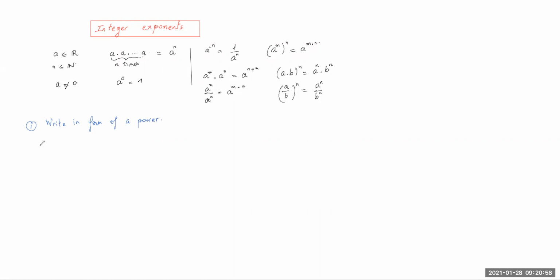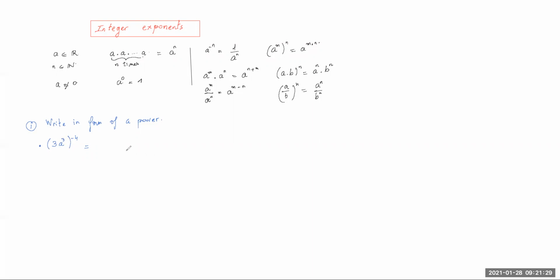The first one: 3a power 3, everything to the power minus 4. It could be a specific number. Here it's more general, but you can have to deal with just numbers. They are asking to write it in the form of a power, that means a number and a to a power of something.